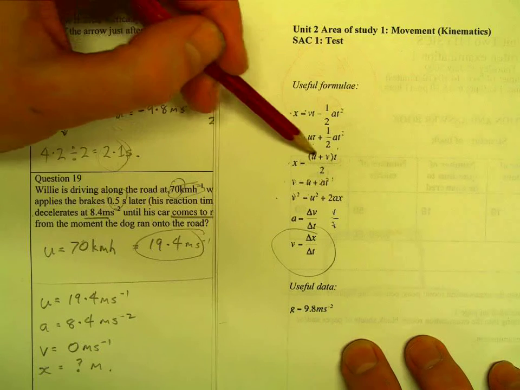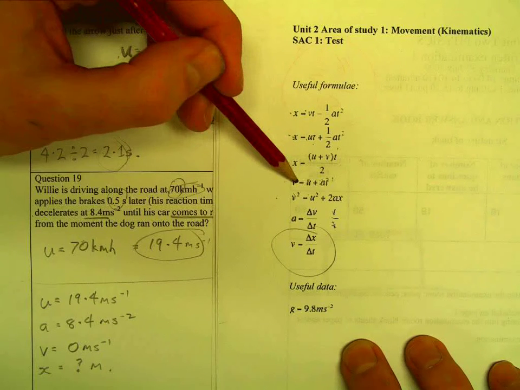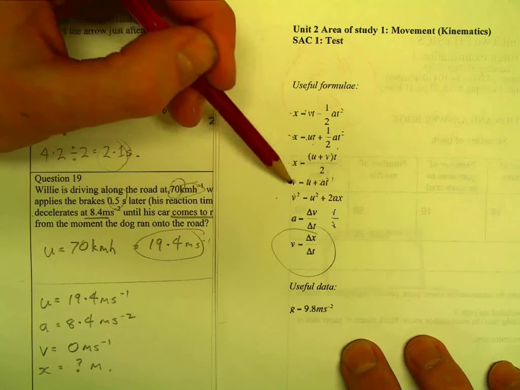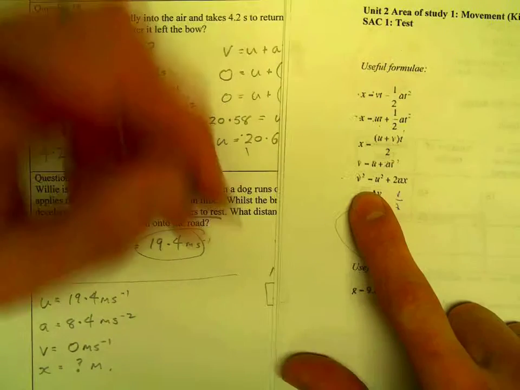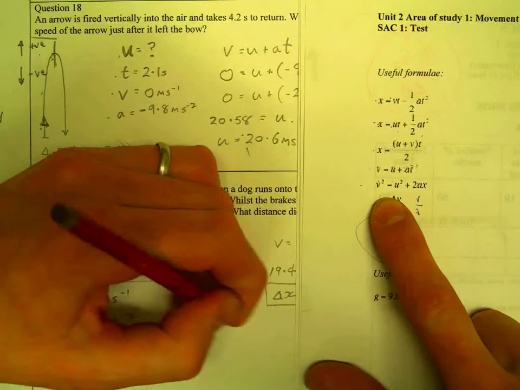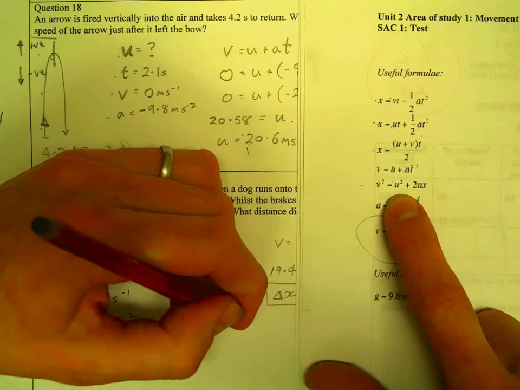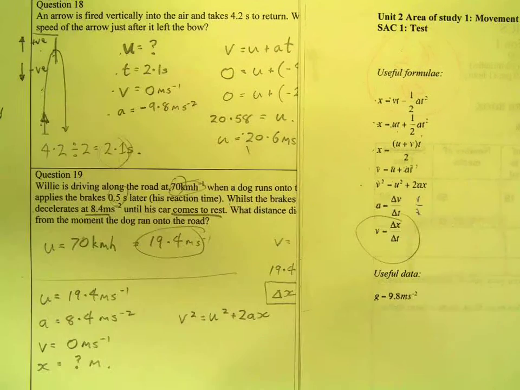Okay, UAVX. That one with T in it. UAVT, no. UAVX. This will do us here. V squared equals U squared plus 2AX.